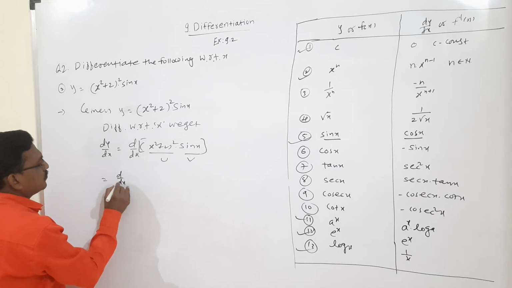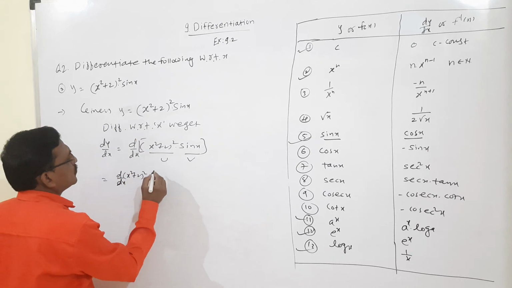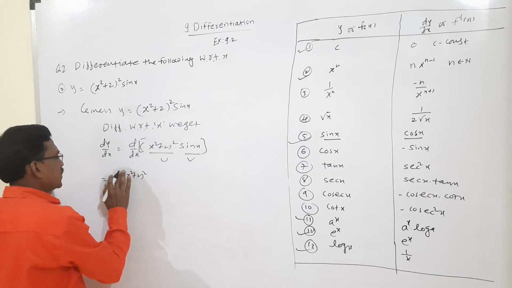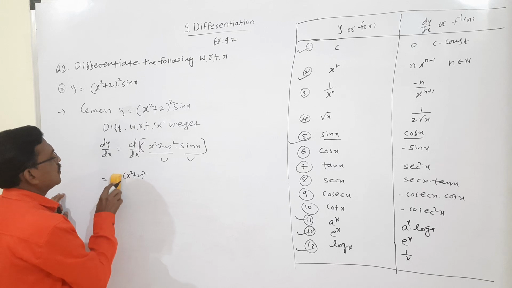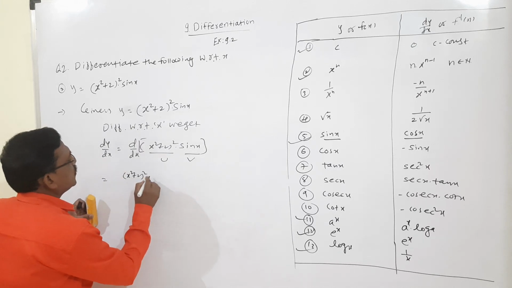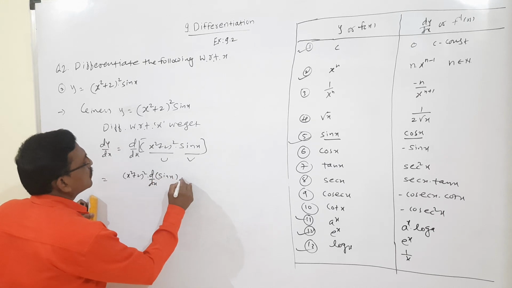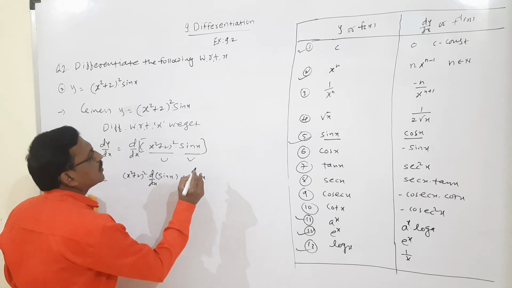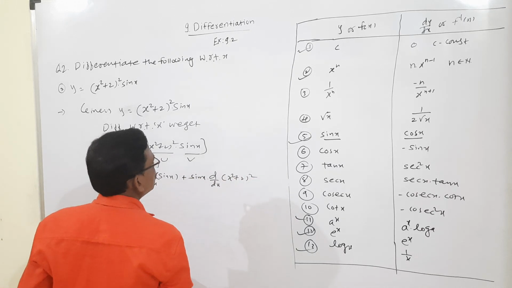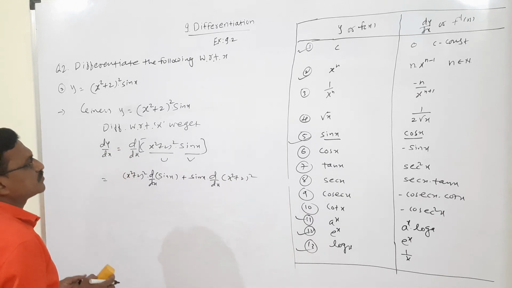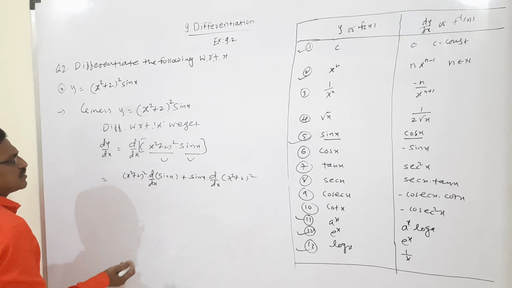The derivative of this x square plus 2 whole square: first function as it is, into the derivative of second, the derivative of sin x, plus second function as it is, into the derivative of first. You may take its expansion also.